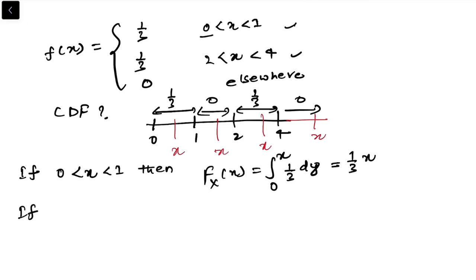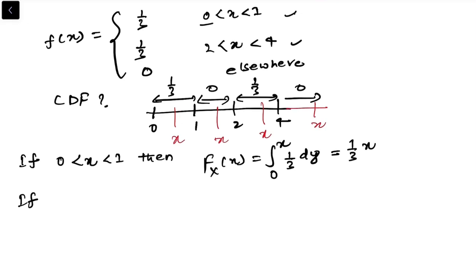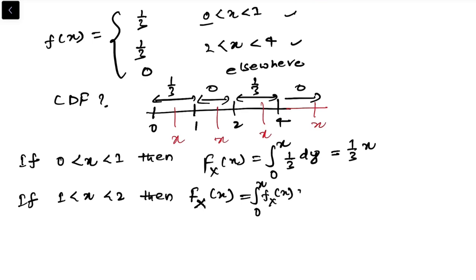Now if x lies in between 1 to 2, then the CDF will be, again we'll integrate from 0 to x, and the function PDF, let me write this y dy.